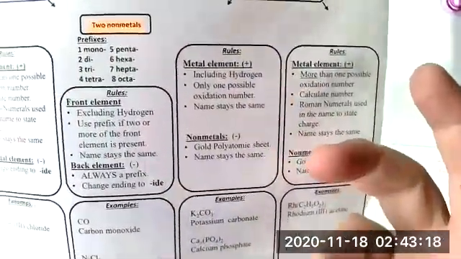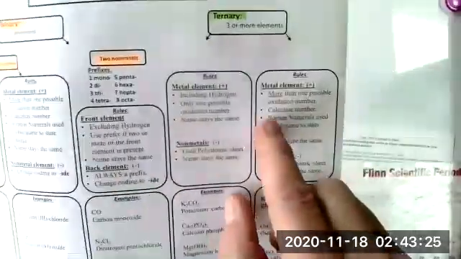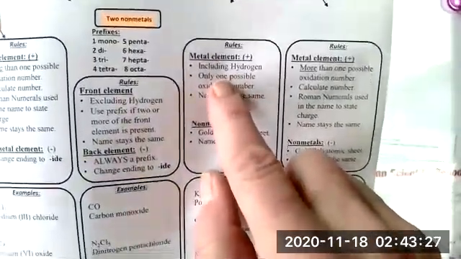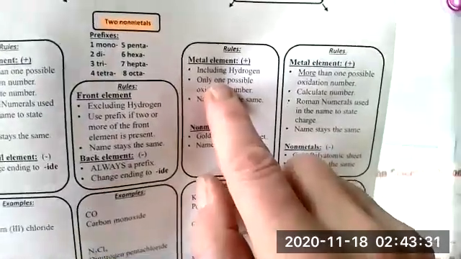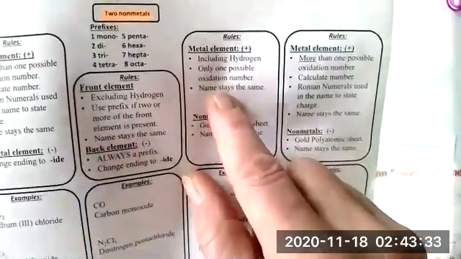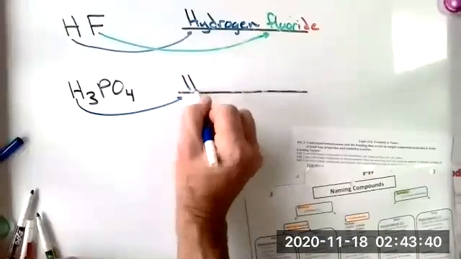So that means I'm dealing with these rules right here for this guy. What are the rules? Yes, you already know H has one possible oxidation number. We saw it earlier, so I'm going to simply keep his name the same. H stands for hydrogen.